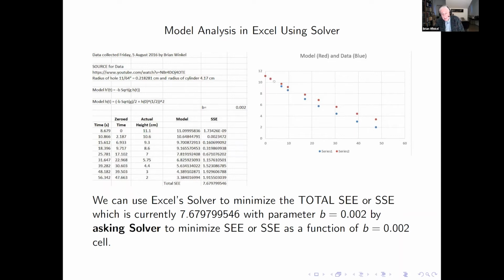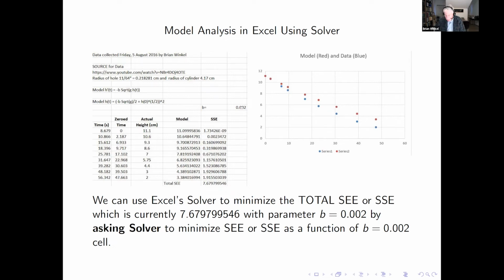The picture says, our model says in red that the column of water does fall, but our model doesn't seem to be falling as rapidly as the data. So when we get to the live Excel, we're going to play with that model by changing the parameter.